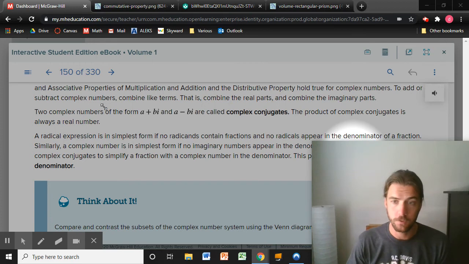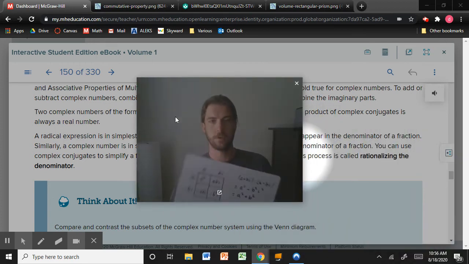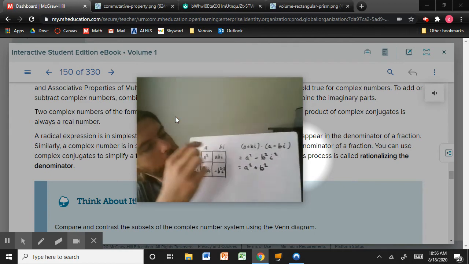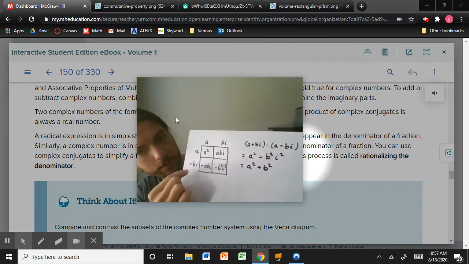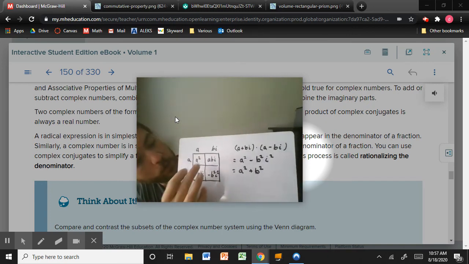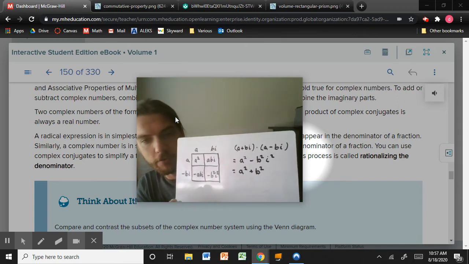And I will give you just a real quick example of that. So here, if we have a plus bi and a minus bi in our square diagram here, we get a squared, we get two terms that cancel out in these corners, and we get negative b squared i squared. Two b's came together, two i's came together, negative out front.